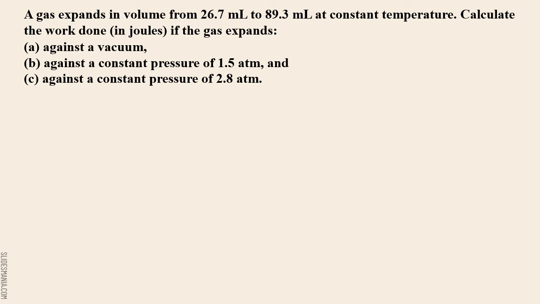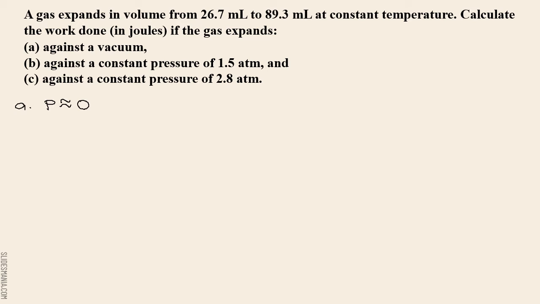Let's start with bullet A. A gas expands in volume from 26.7 to 89.3 ml at constant temperature. Calculate the work done in joules if the gas expands. So let's write our given for bullet A. Pressure is vacuum, which is almost equal to 0.